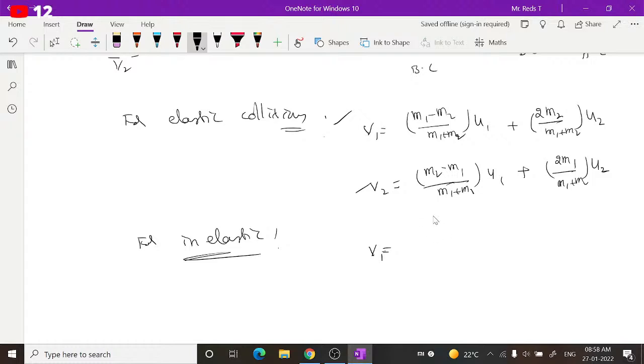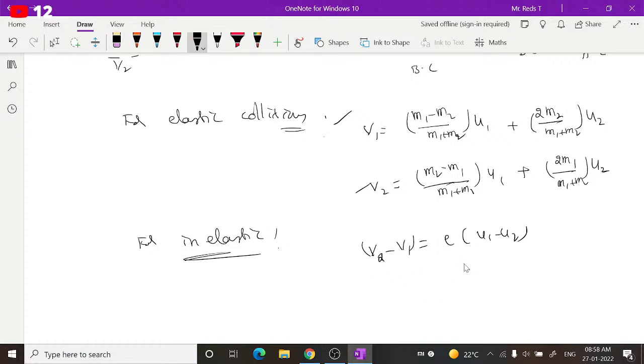But for any collision, we can say v2 minus v1 should be equal to e into (u1 minus u2). For elastic collision, this e will be equal to 1. That's what we have obtained here. By substituting for v2 we will get v1, and if we substitute for v1, then we will get v2, in the law of conservation of momentum relations.